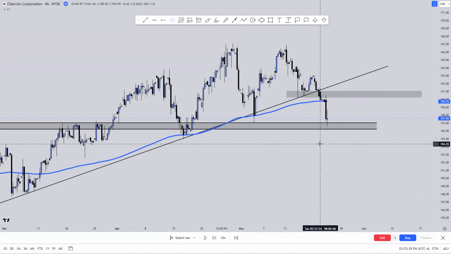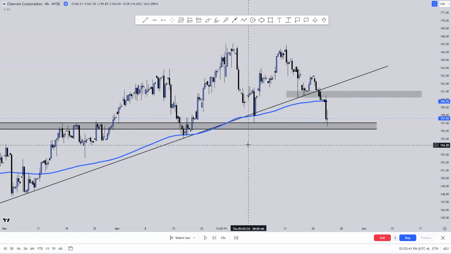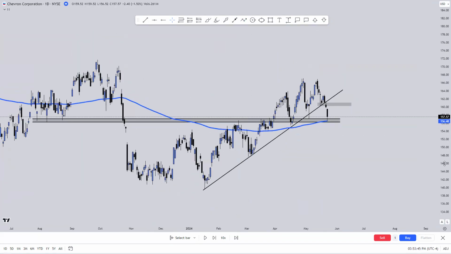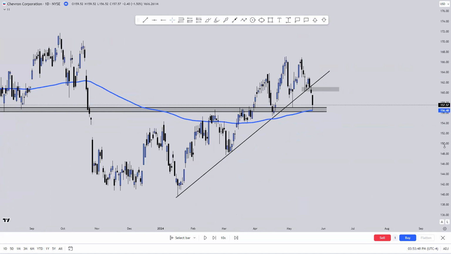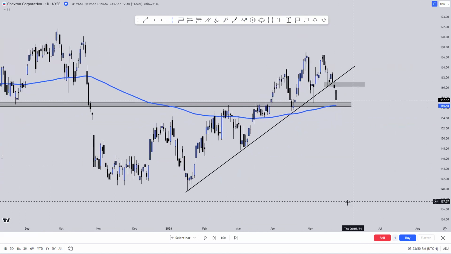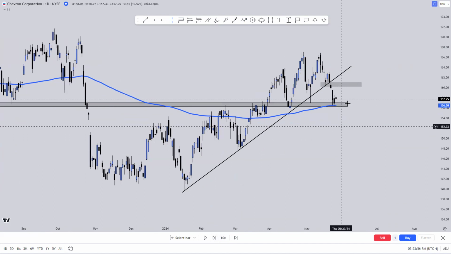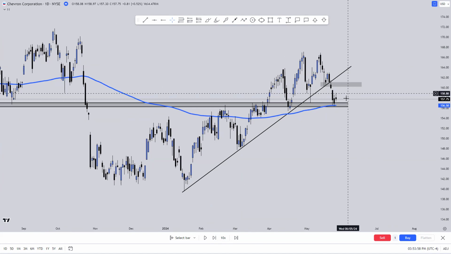All right, so let's go back to the daily time frame here, and let's just play this forward so you can see where this chart is currently. You can see we're still at the level. We started to have a move up.